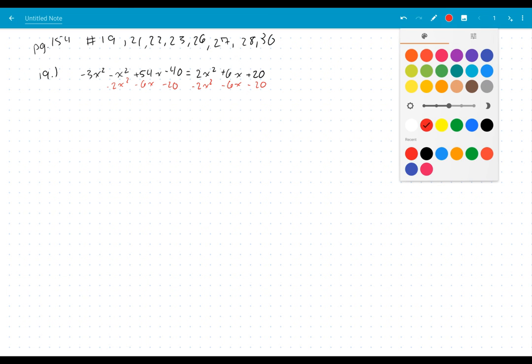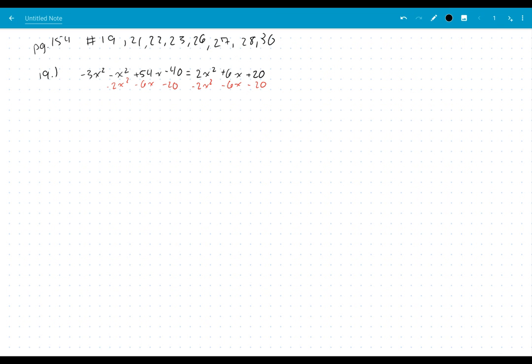Then we can rewrite our equation as negative 3x cubed. I wrote that wrong. Let's go back to black with the pen.